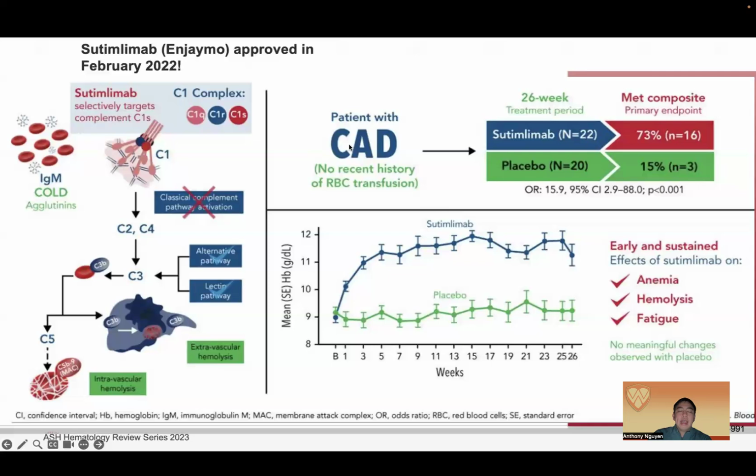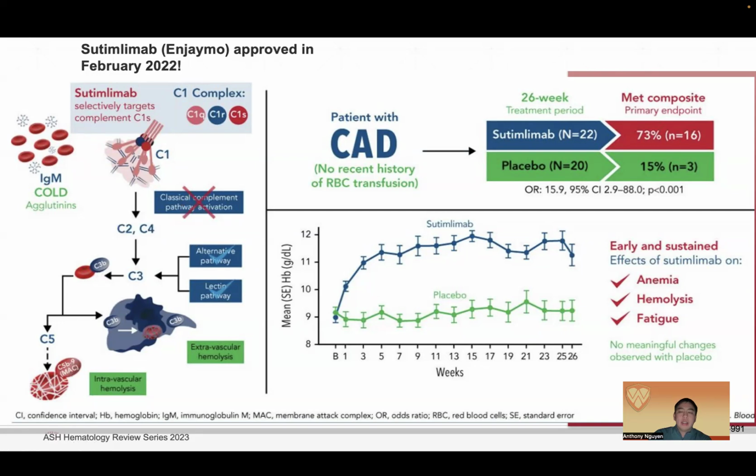Sutimlimab is a subcutaneous drug that selectively targets complement C1s, and when we target the proximal part of the complement cascade, this prevents the complement system and pathway from being activated. So the complement pathway that leads to extravascular as well as intravascular hemolysis is not activated.